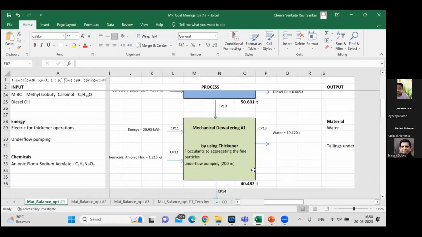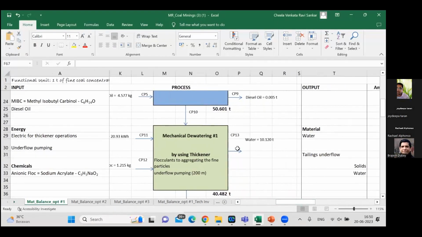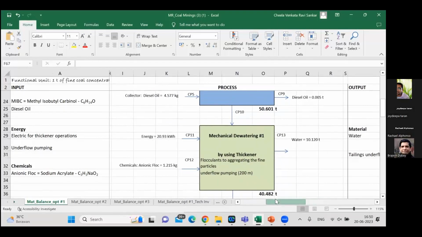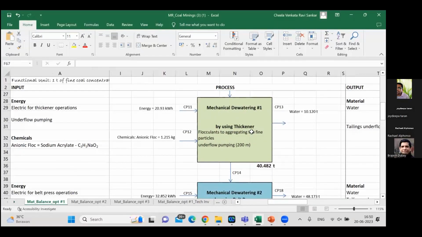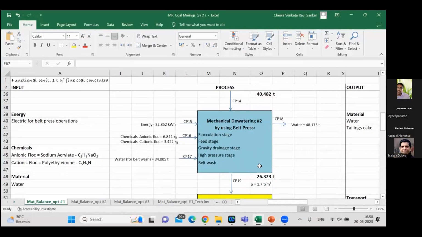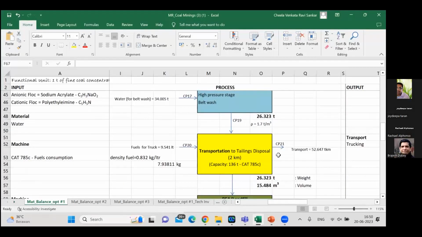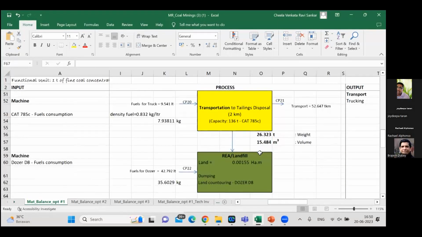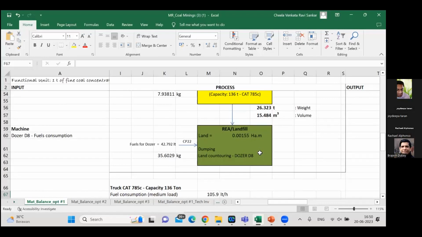Let me increase the size so that it will be more visible. Post that first mechanical dewatering, the second dewatering is by a belt process. Post this stage, there is transportation of tailings to the disposal site, and finally it is dumped in a landfill. So this is a step-by-step unit process.